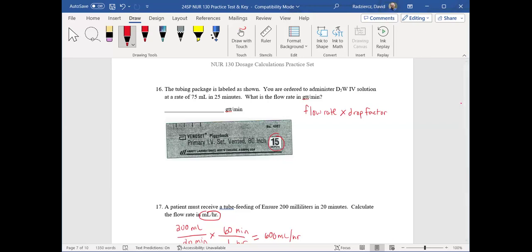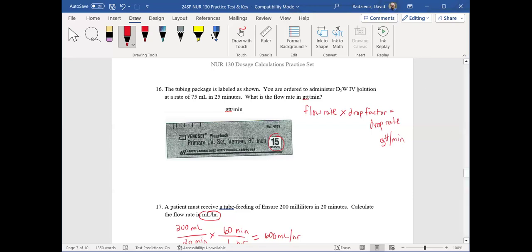Those two things, the flow rate plus the drop factor, is what's going to give me what is called my drop rate. And drop rate is always going to be drops per minute. Drops is abbreviated GTT. I know that looks like GH, but it's GTT.